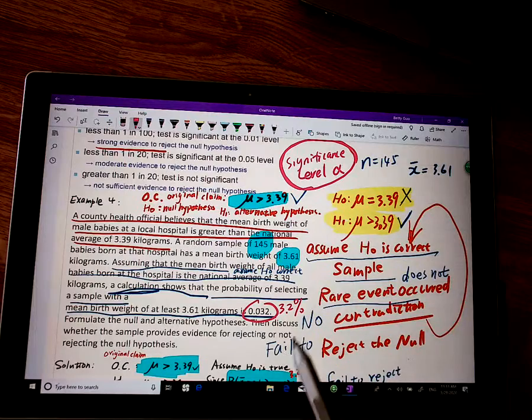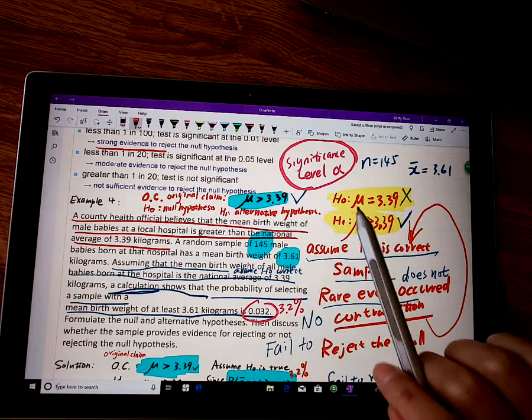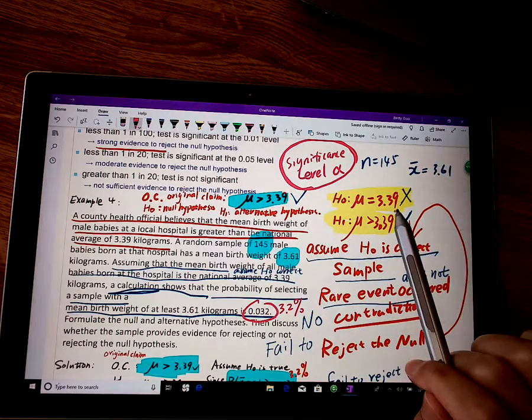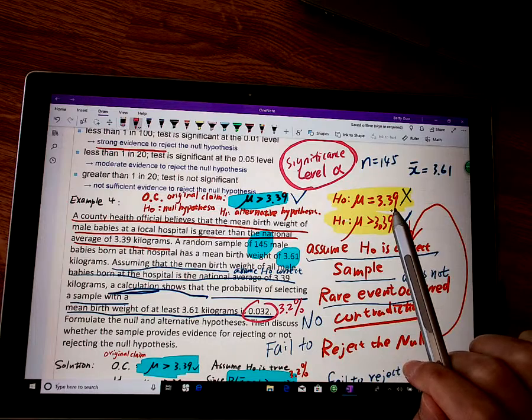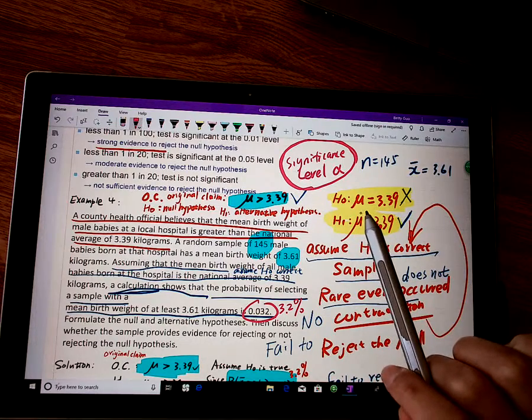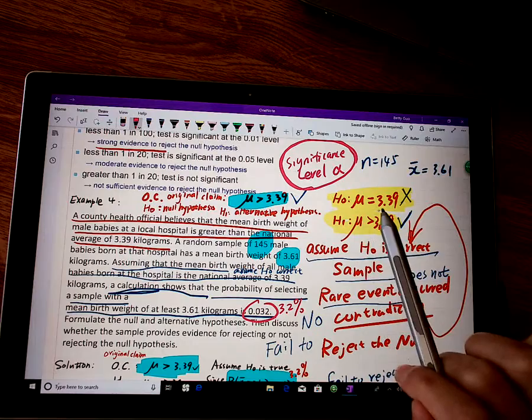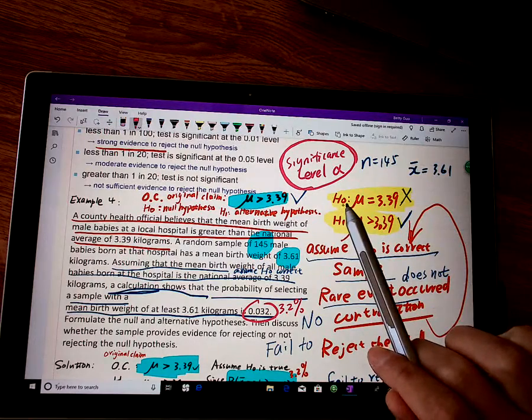So now 3.2% is bigger than that, right? So it means it's not rare. It's not rare, that means we have no contradiction. Means we have no reason to reject the null. In that case, we are going to fail to reject the null.